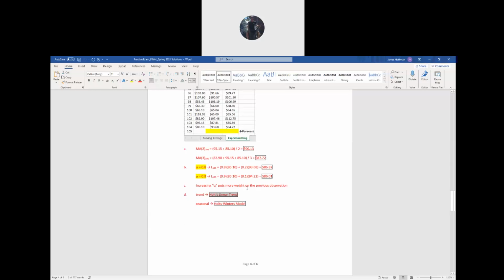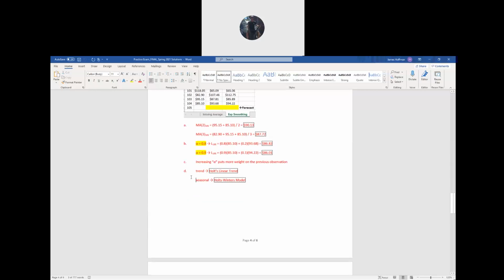Holt's model is for when your data has a trend, so you can use an exponential smoothing model that incorporates that trend. And if you had seasonal data, remember we looked at soft drink sales that had historically higher sales in the hotter months and lower sales in the colder months. We can expect that to continue, so we incorporate an exponential smoothing model with seasonal aspects. You would use the Holt-Winters or the Winters model.